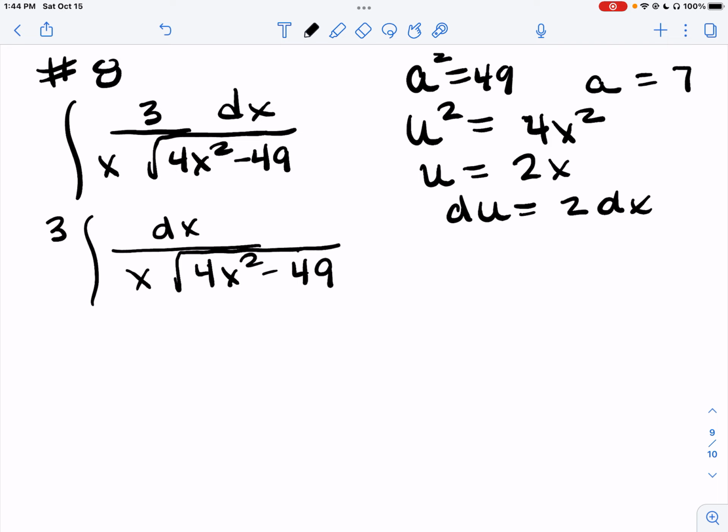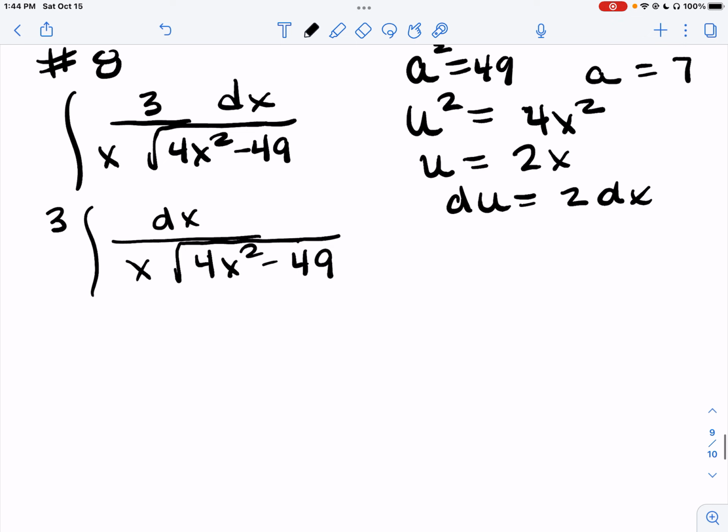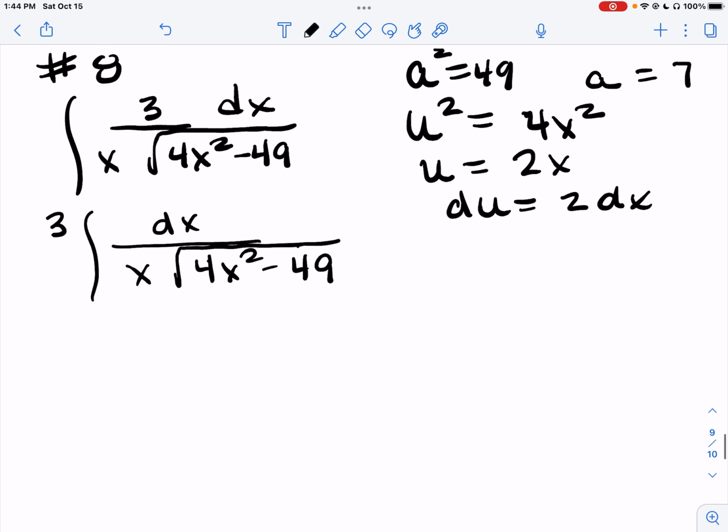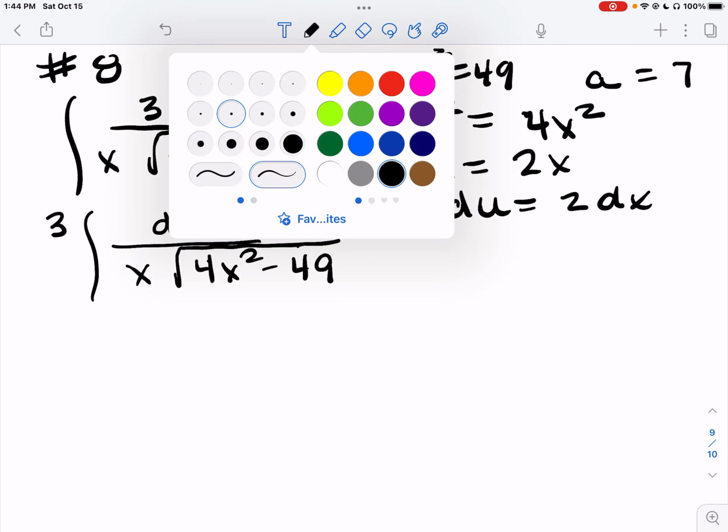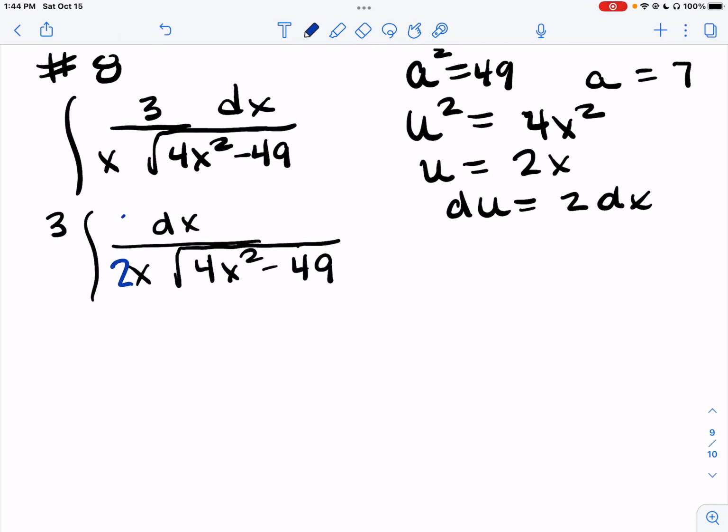Okay, I need u at the bottom because the integral formula has u on the bottom. So I need a 2 here and a 2 here. So now it's in the form du, u squared minus a squared.